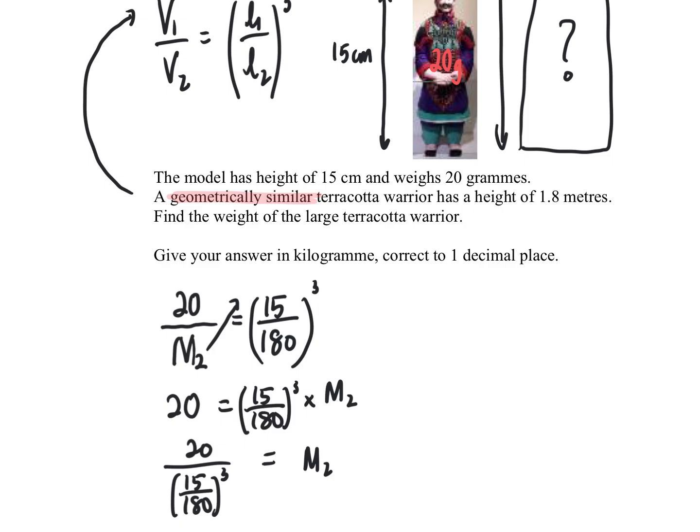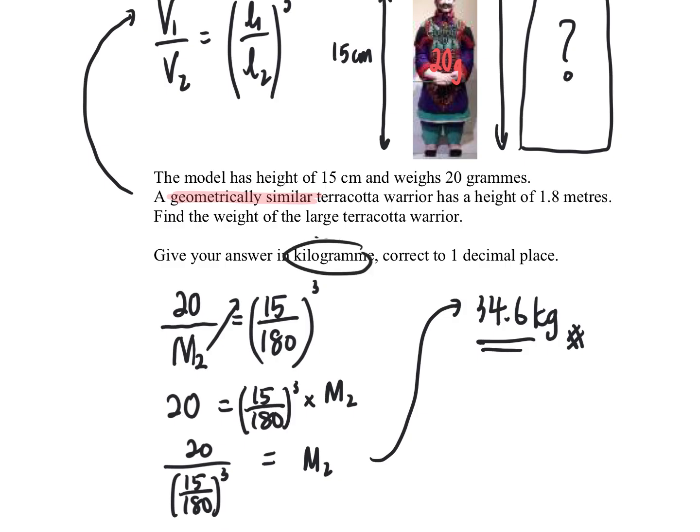So the answer for M2 is 34.6 kg. You divide by 1000 because the question wants kilograms, to 1 dp. I ask for 1 dp, you give me 2 dp, you get -1 for stubbornness. So follow instruction.